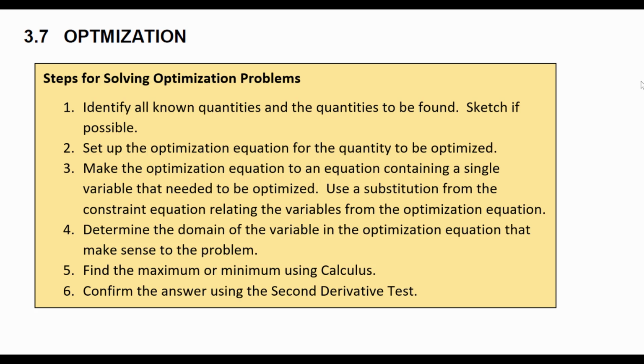Determine the domain of the variable in the optimization equation that makes sense to the problem. Step 5. Find the maximum or minimum value using calculus, which we learned from section 3.1 through 3.4. Step 6. Confirm the answer using the second derivative test.